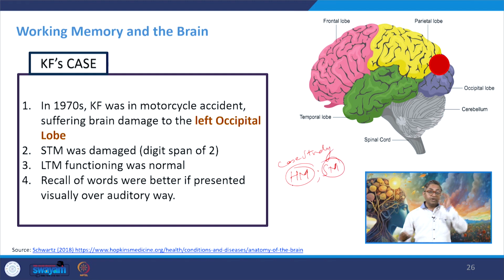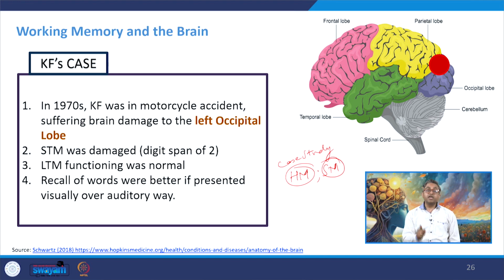So what was the unique nature of these two different case studies? You can just go through it. Here, KF was unlike the Henry Molaison case. In the Henry Molaison case, he was not able to form new memories. In KF, new learning was not a challenge, and retrieval of old information was also not a problem.